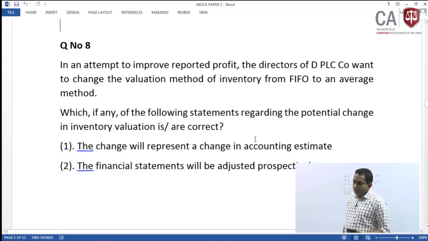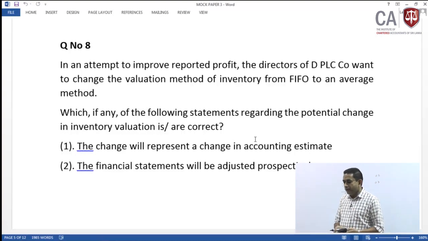In an attempt to improve reported profit, the directors of DPLC company want to change the valuation method of inventory from FIFO to an average method. Which, if any, of the following statements regarding the potential change in inventory valuation are correct? The change will represent a change in accounting estimate. The financial statements will be adjusted prospectively.